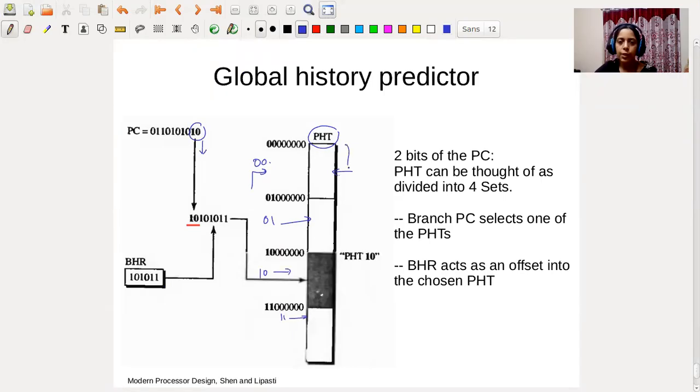And inside each of these components, this BHR, which is basically concatenated with the PC, can be viewed as an offset. So if you consider this particular concatenated result, we are going to index into 1,0, which is this particular part of the PHT, and then the offset. So inside that you're going to go into 1,0,1,0,1,1. So this is just another way of viewing it. Either you view it the previous way or this way, it is still going to index into the same component in the table.